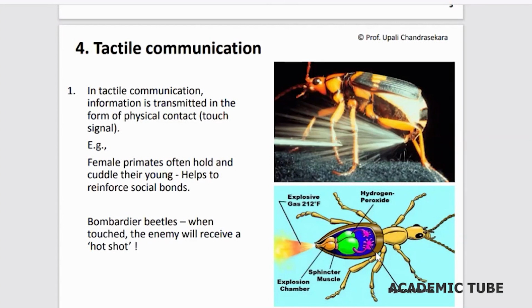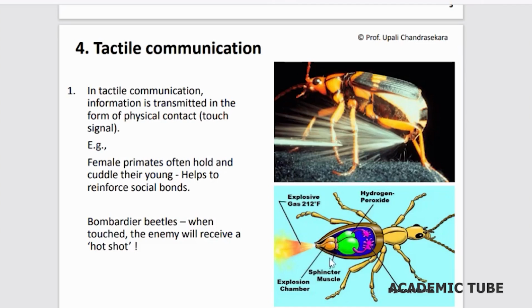Okay. Now, if you touch the backside of this animal, immediately the internal muscles constrict, and the hydroquinone is released into the hydrogen peroxide chamber, and the mixture is then pushed into the mixing chamber, the explosion chamber.